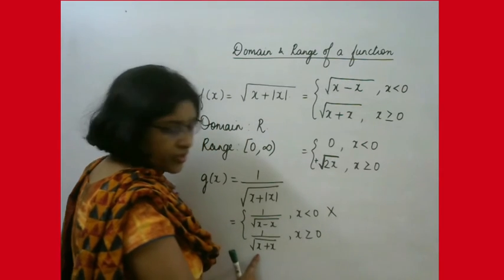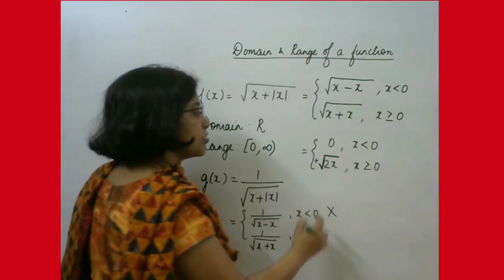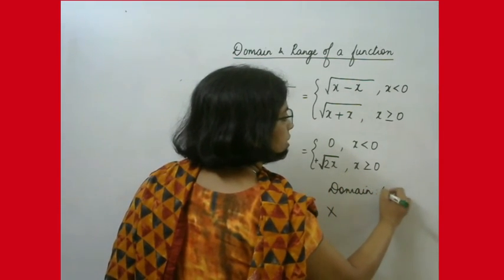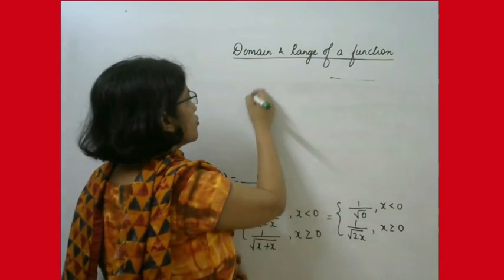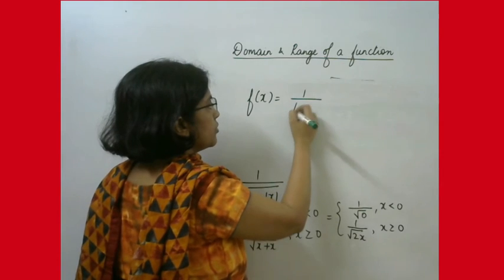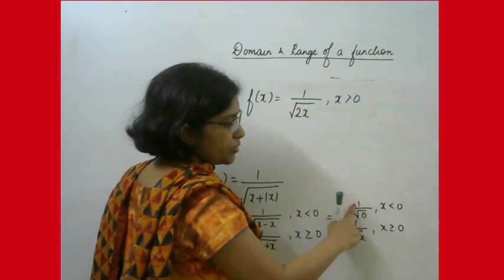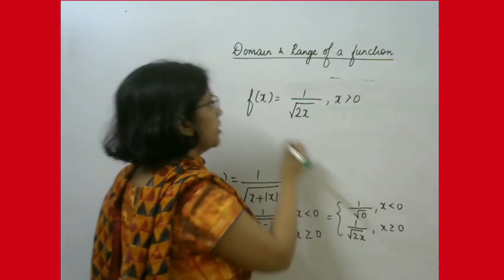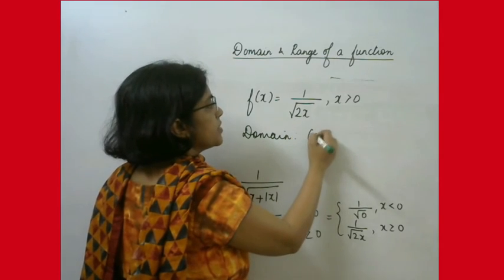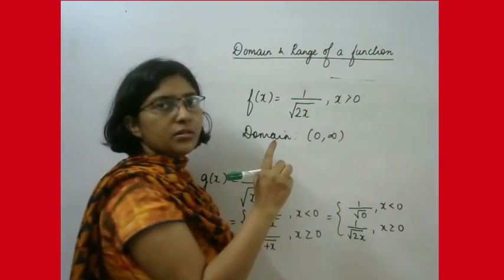Also equal to 0 will not be allowed because then again it is going to be 1 upon 0. So the domain here would be only 0 to infinity. So finally our f(x) will only be 1 upon root of 2x for x greater than 0. Negative value is not allowed, equal to 0 not allowed. So domain is 0, infinity.